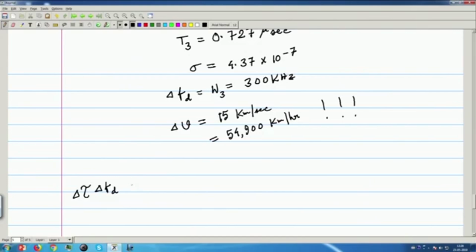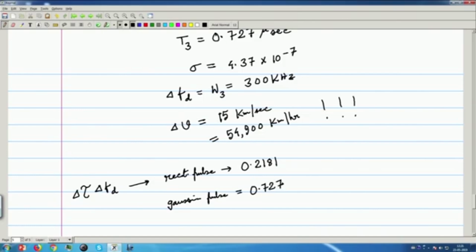So, this product for the rectangular pulse, you have the data. If you do that, this will turn out to be 0.2181, and for the Gaussian pulse, you can find out this will be 0.727.